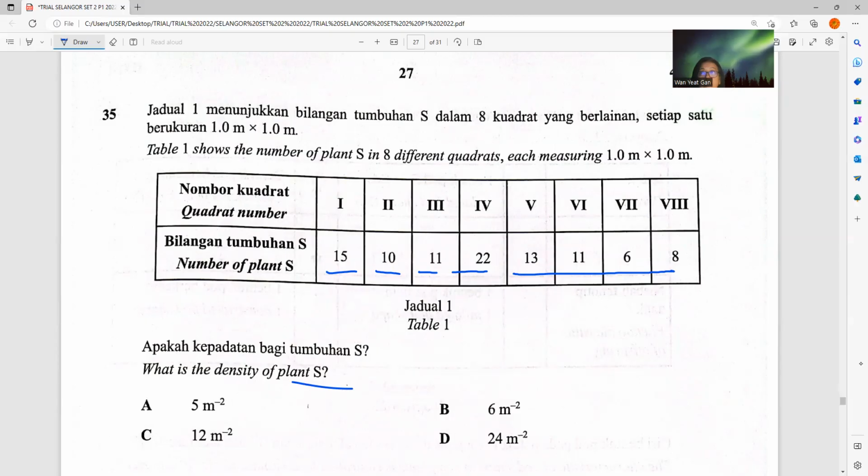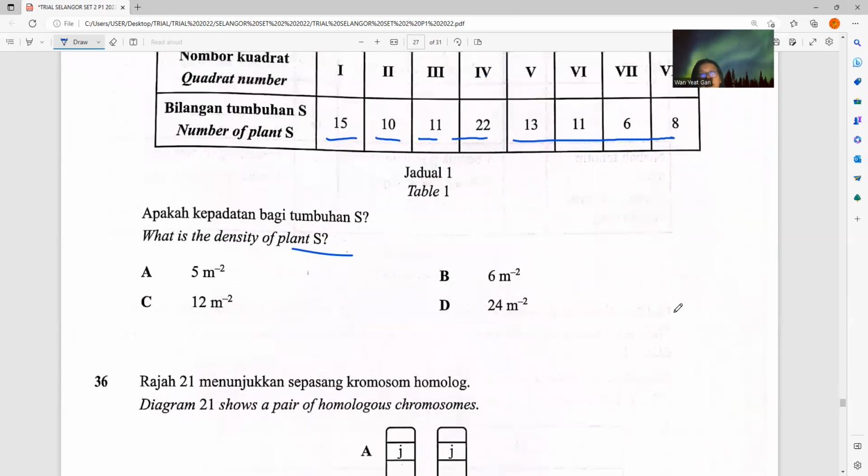So it's 96. Then there are 8 quadrats, so you divide it by 8. So you get 12. So 12 plants in 1 square meter. The answer is C. 35 is C.